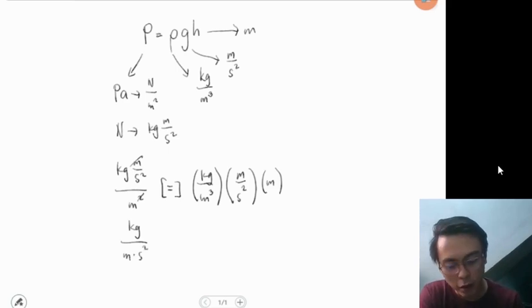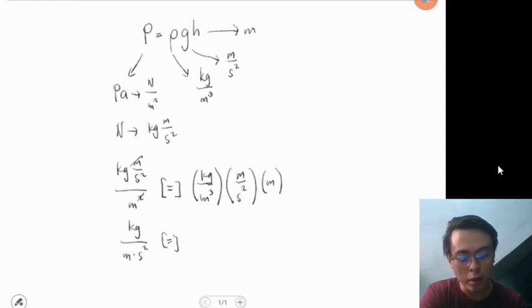On the other side of the equation, what will cancel? In the denominator, there is 1 meter, and in the numerator, there are 2 meters... more precisely, there are 3 meters in the denominator and 2 meters in the numerator, so the 2 meters will cancel, leaving 1 meter in the denominator. Also, second squared is in the denominator. In the numerator, the only one remaining is kilograms.